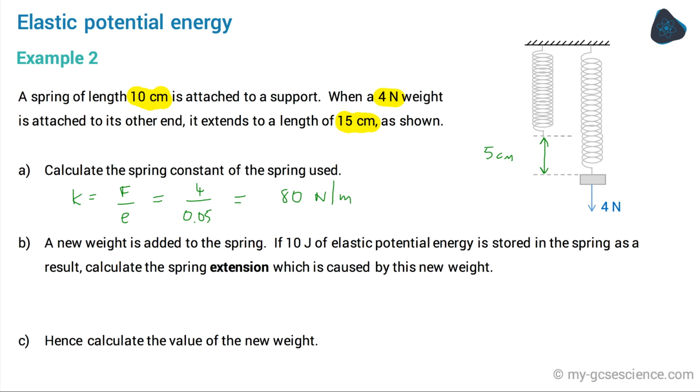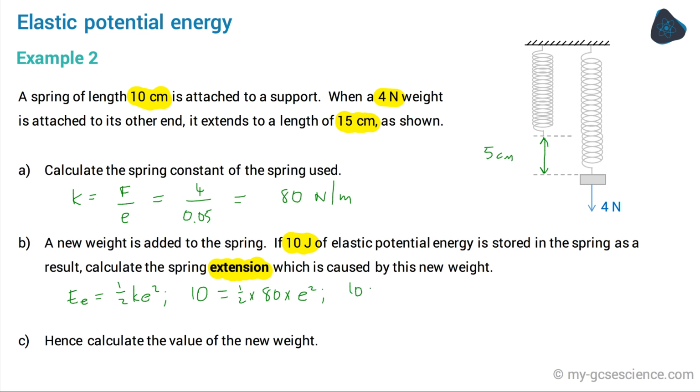Down to part B now, and as you can see 10 joules of elastic potential energy is stored in the spring, and we've been asked to calculate E, the extension, so let's go. As previously, starting off with the equation for elastic potential energy, which is EE equals a half KE squared, subbing in the numbers which we have, 10 joules equals a half times 80, which is our spring constant, times E squared.